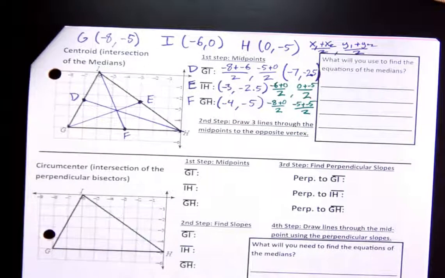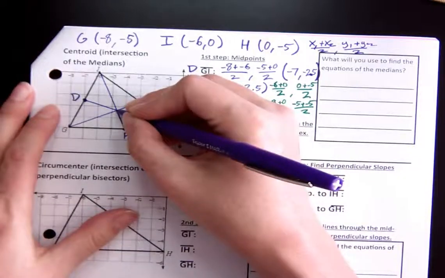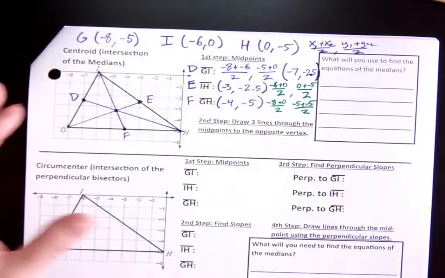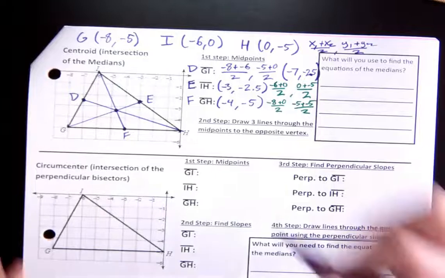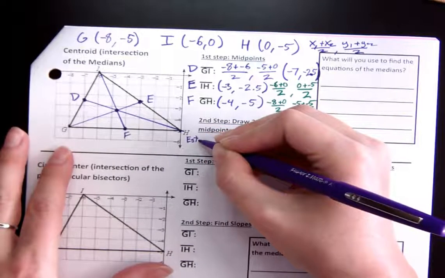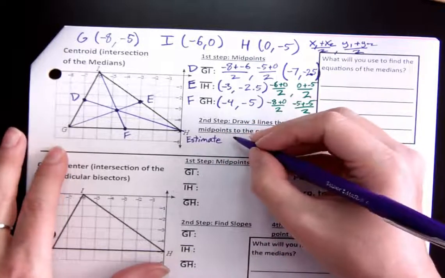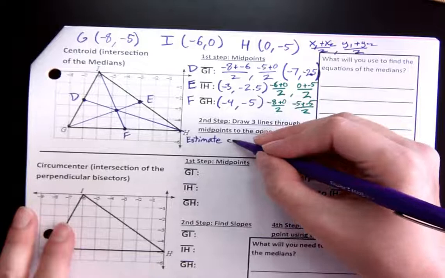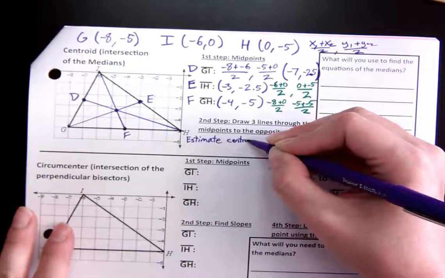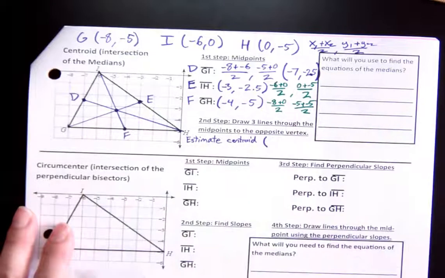So we have now drawn the medians, and the centroid is just where those three medians overlap. And so step 3 is we're going to estimate what that centroid is. So what do you think that centroid point is, just based on the drawing? What's our X value?